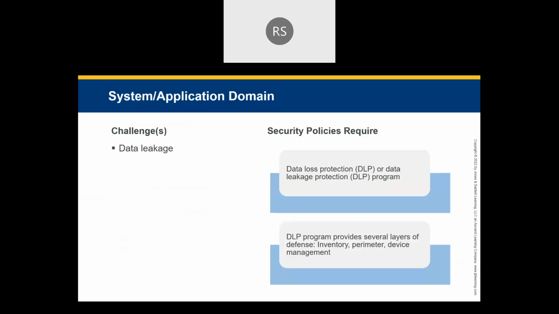It includes a combination of tools, technologies, and policies that are aimed at identifying, monitoring, and protecting sensitive data within the system and application environment. Also, you want to enforce policies and controls on devices. These are your workstations, your servers, and mobile devices, to prevent data leakage through device level vulnerabilities or unauthorized actions.